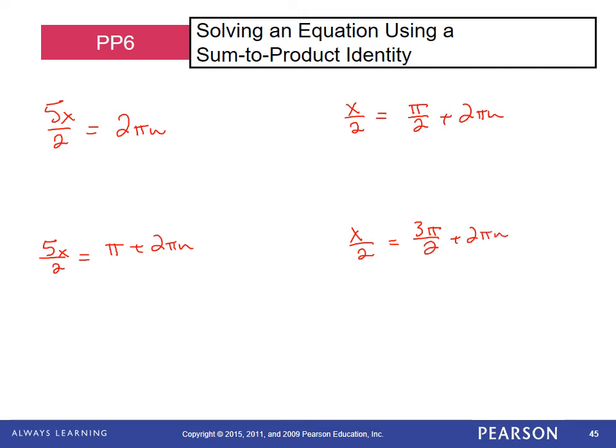Again, I think we've done this before, right? Let's go for it here. Back to the beginning, we're going to multiply both sides by 2, and then we're going to divide out by 5. How about that? Maybe easy enough. Multiply by 2, divide by 5. So for my x values, I got x is equal to, looks like 4 pi over 5 n.